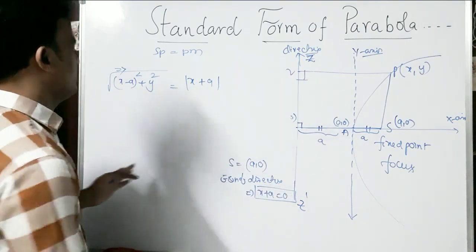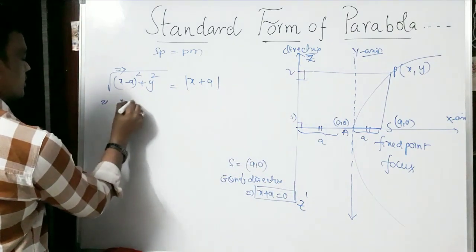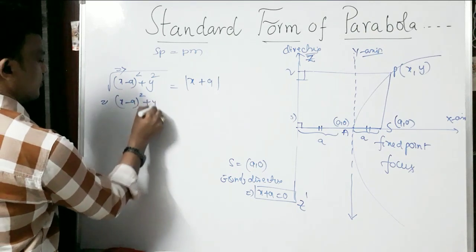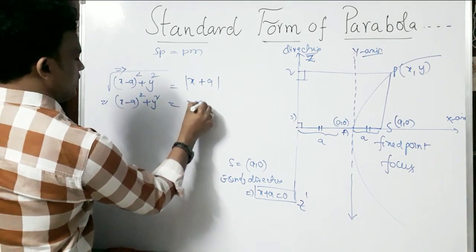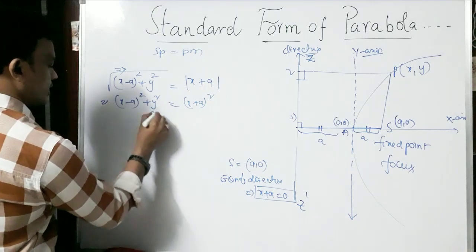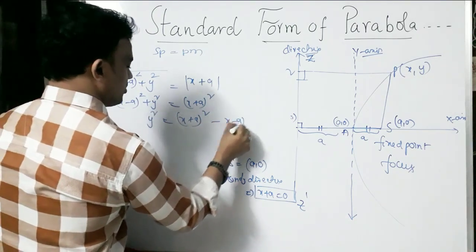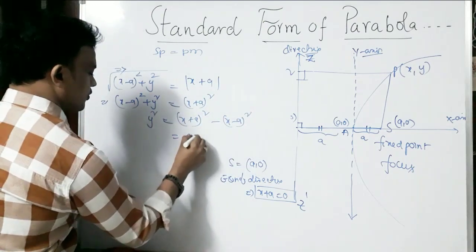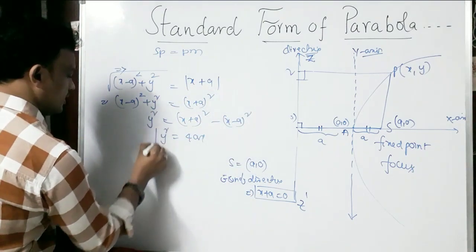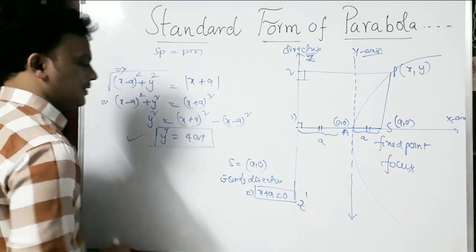Now squaring on both sides: (x minus a) whole squared plus y squared equals (x plus a) whole squared. Then y squared equals (x plus a) squared minus (x minus a) squared, which equals 4ax. So y squared equals 4ax, that's it.